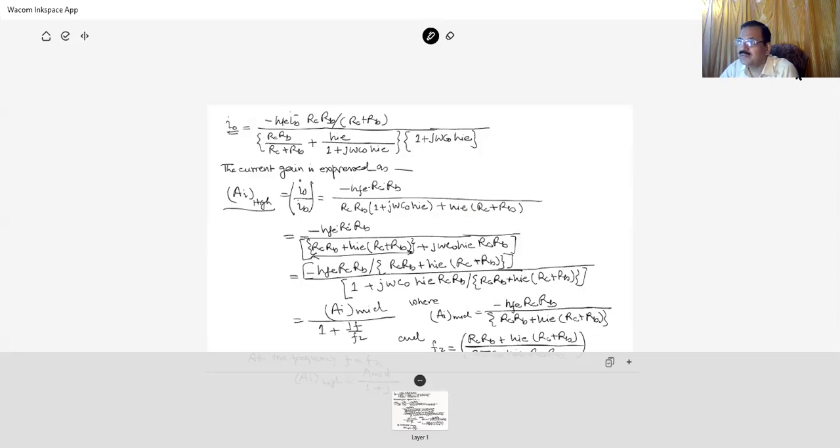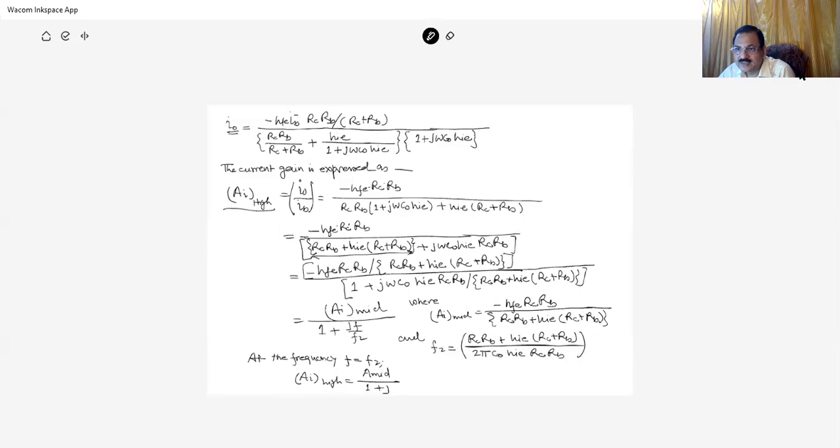So what we have is a very interesting result, that is AI mid, in terms of mid, that is AI high. This expression is nothing but the expression in terms of the mid frequency. So this expression is the same as in previous cases, HFE into RC into RB, and this is RC RB plus HIE RC RB.